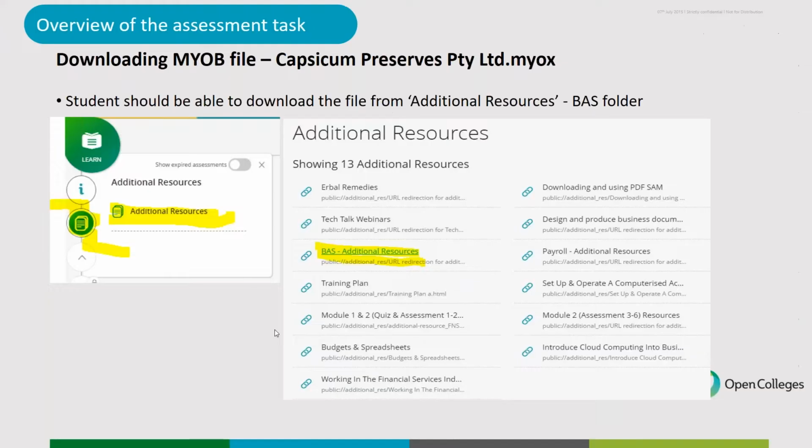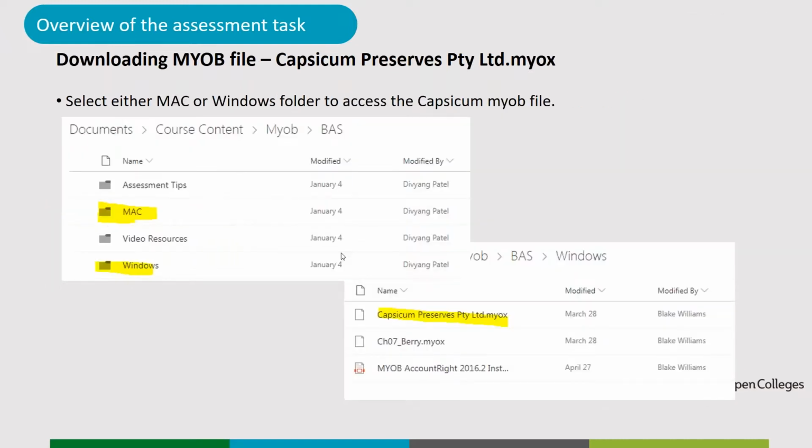So let's get started. First of all, I was asked by many students, where do I get the MYOB file? I'm going to start with how to download the MYOB file. You will have to go to the additional resources on the open space and click on the additional resources. You will find the BAS additional resources and click on that.